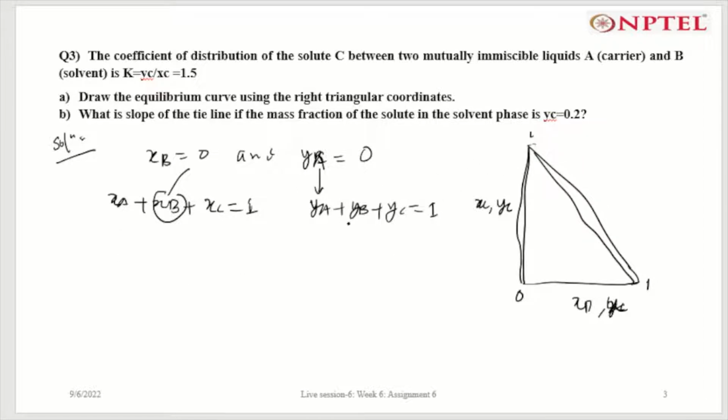Put this value here and calculate YB. So locate this point on the extract arm. This single point is denoted by Q, with YC 0.2 and YB 0.8.